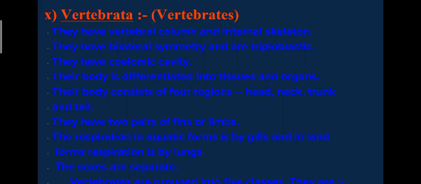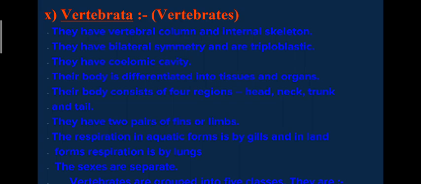In this there is present a vertebral column. The notochord is replaced by vertebral column and internal skeleton is present. The body has bilateral symmetry and they are triploblastic in nature. They have a coelomic cavity. The body is divided into tissues.